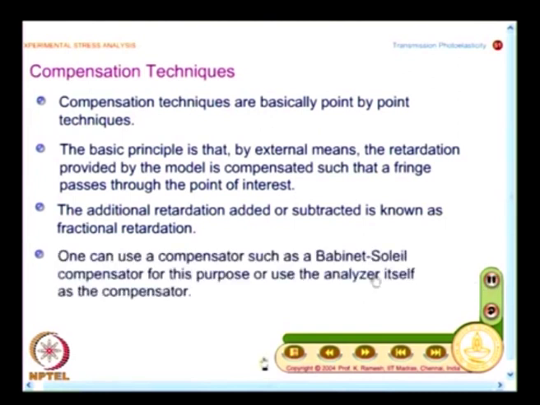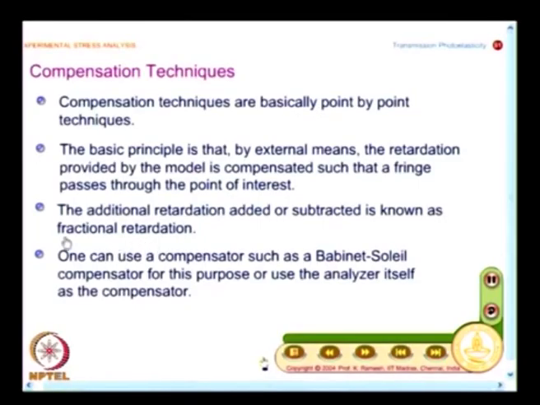So, this is what you have here. The additional retardation added or subtracted is known as fractional retardation. So, we call this fractional retardation, and fractional retardation can have a sign attached, and in many instances how to find out the sign is crucial. In fact, in the whole of digital photoelasticity, the sign was ambiguous, and it took almost a decade to solve this issue. It is not trivial.